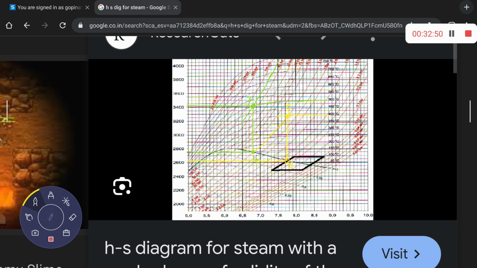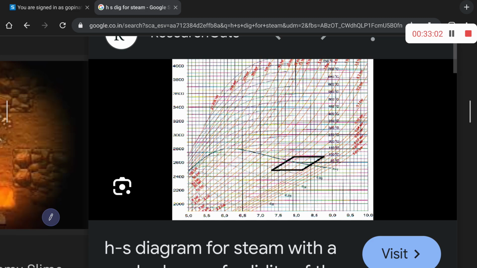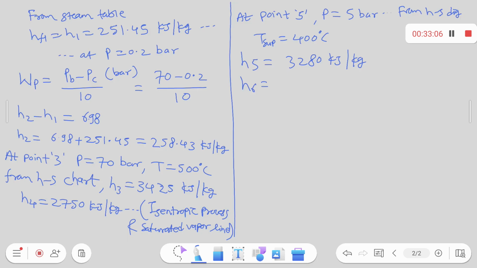Here. 2625, 2620, right? So S6 is how much? Kilojoule per kg. Your values can be slightly off, not much, 10-20 points. Okay. Up to here.